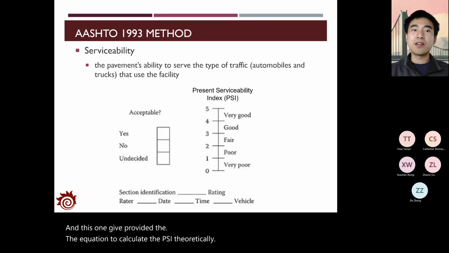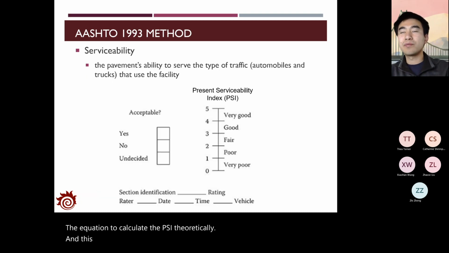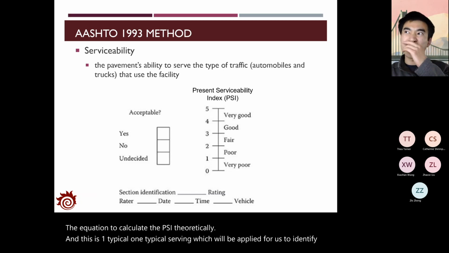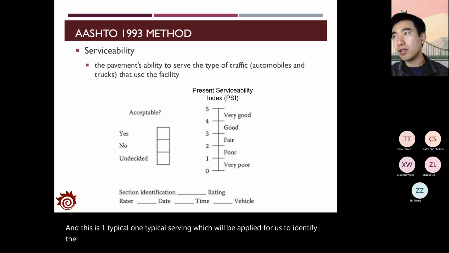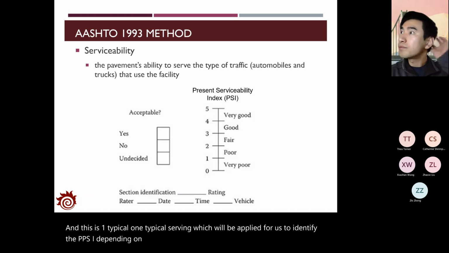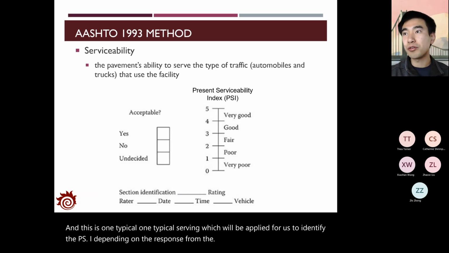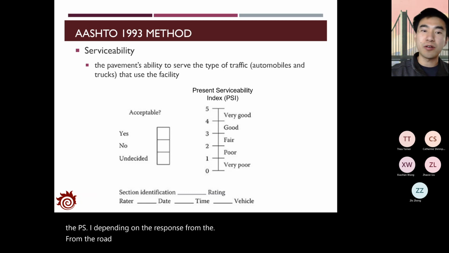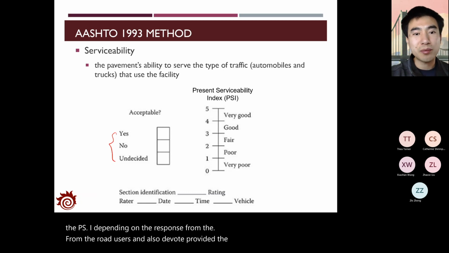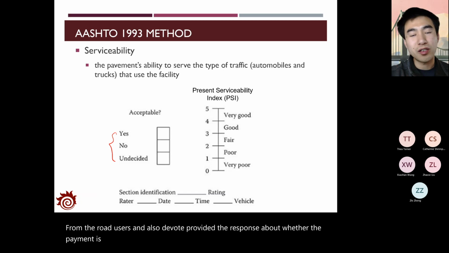And this is one typical survey which will be applied for us to identify the PSI, depending on the response from the road users. They will also provide the response about whether the pavement is acceptable or not acceptable, or they're not quite sure.